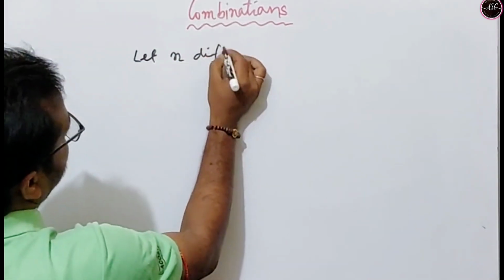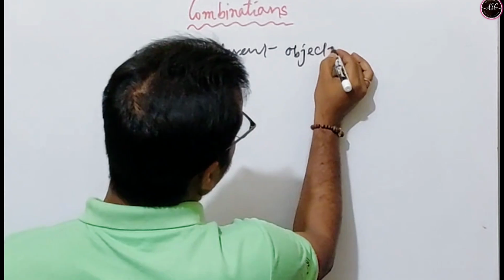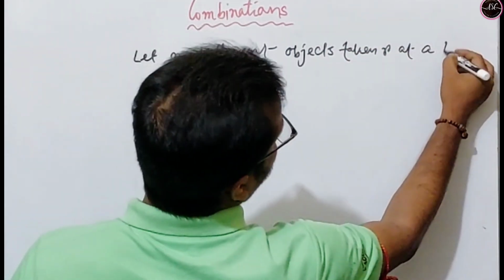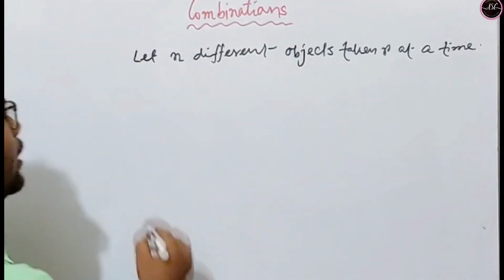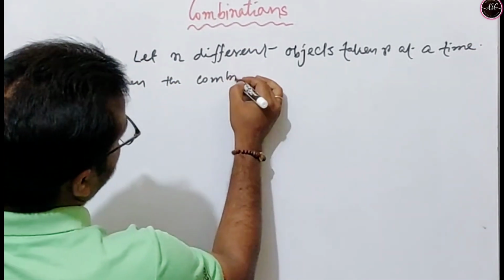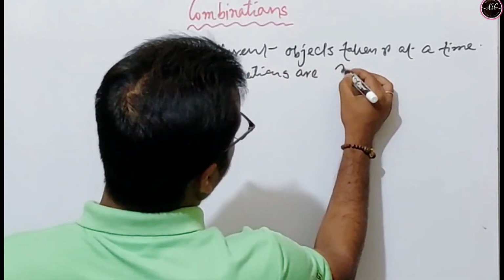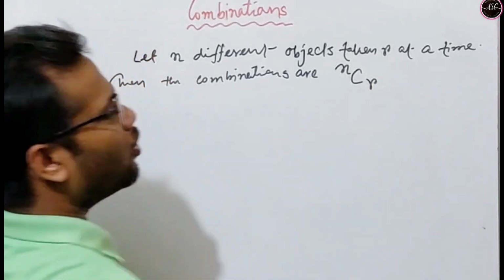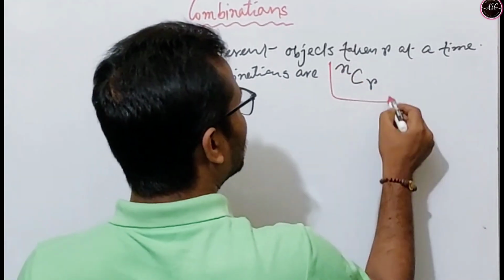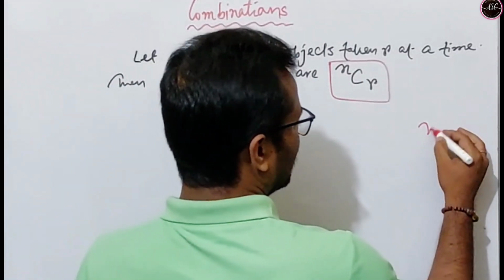In different objects taken r at a time, then the combination is nCr. So for combination we use nCr, but in permutation we see nPr.